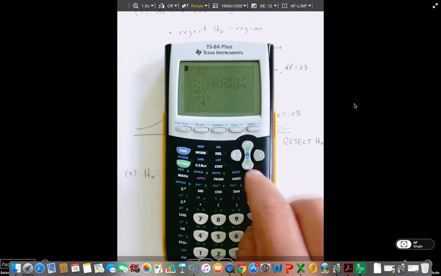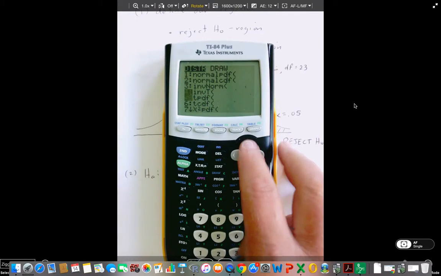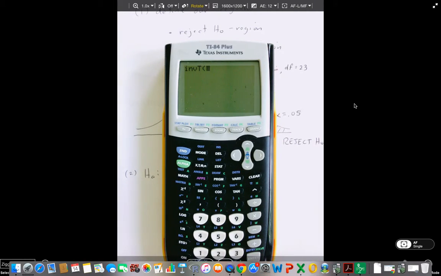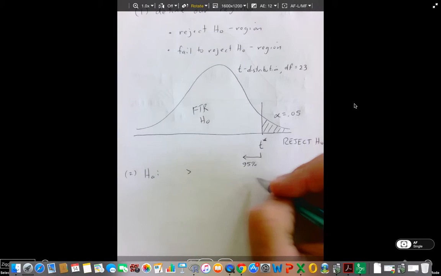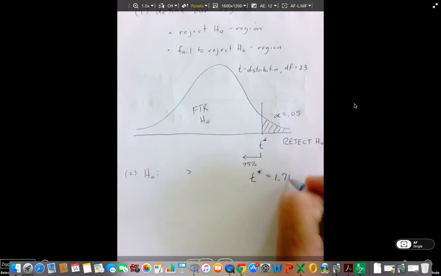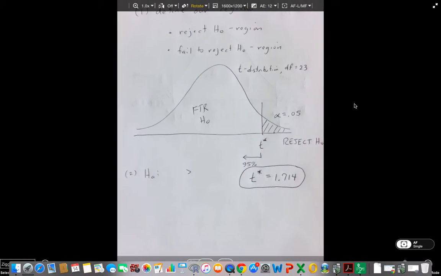Let me get rid of all this other stuff. .95 below it, degrees of freedom 23, 1.714. That's it. That is my t critical value.